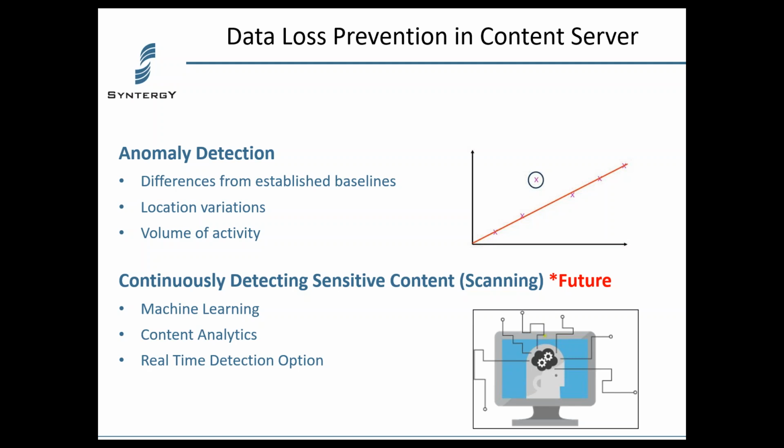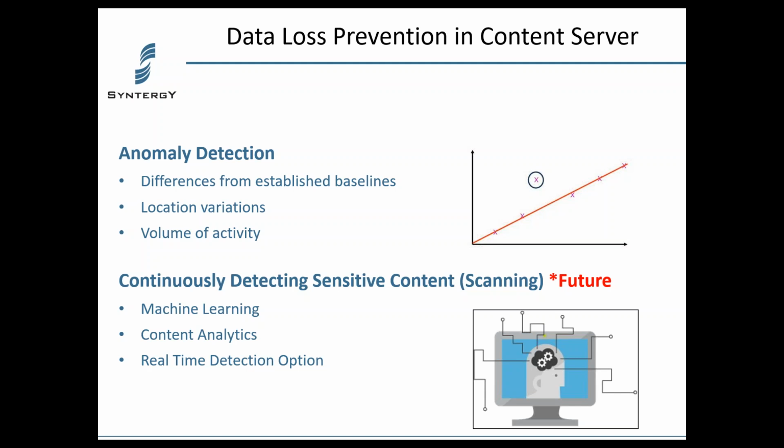The second piece to this, which we'll be releasing later this summer, is getting deeper insights into what content you have in Content Server. For example, I want to proactively monitor and secure sensitive data, which could be your personal information, it could be credit card information, it could be custom DoD mandates, it could be custom to your organization.